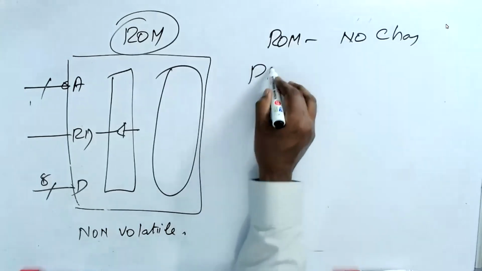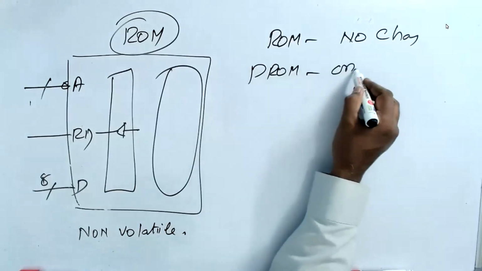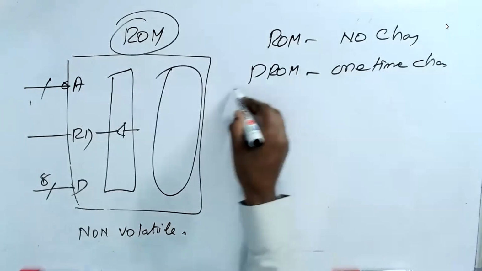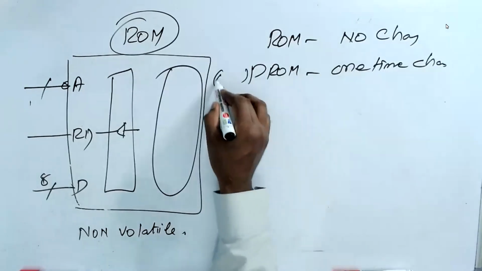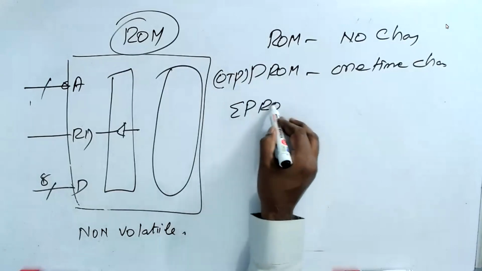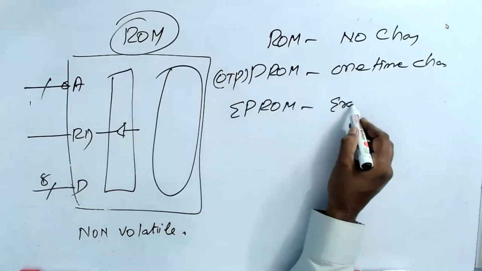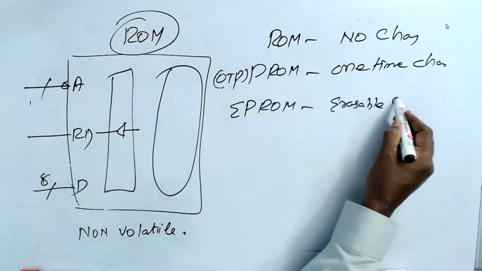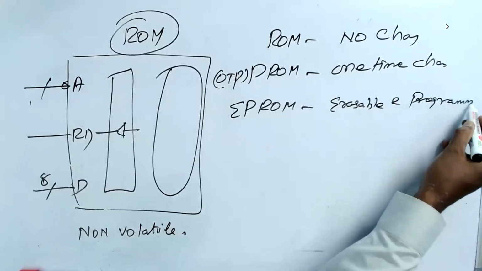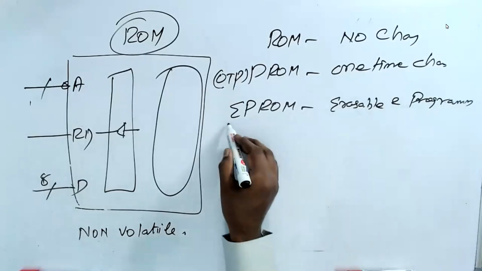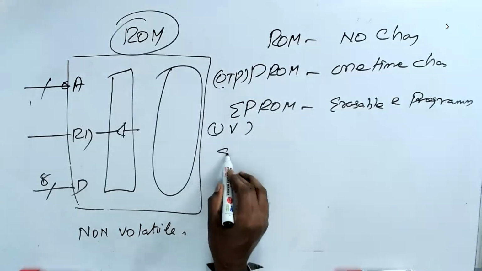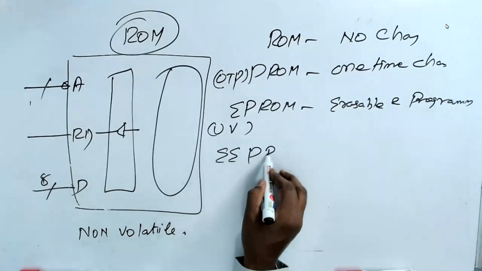PROM: one-time change. That's why they also call this the OTP ROM. Then EPROM, you can erase and program, but this is a UV erase. Then they came out with electrically erasable PROM.